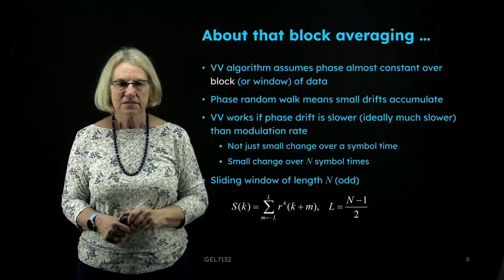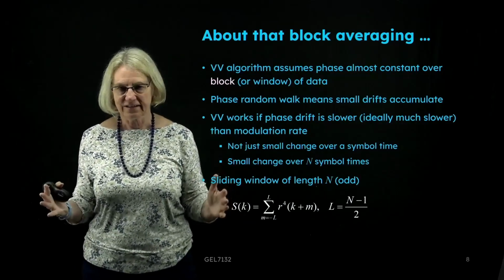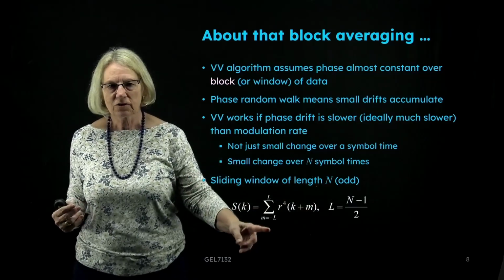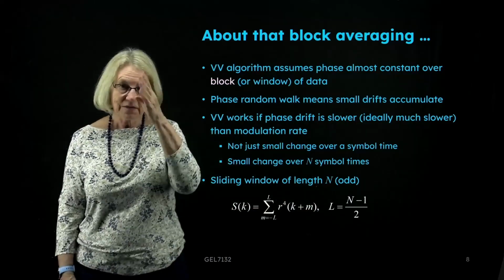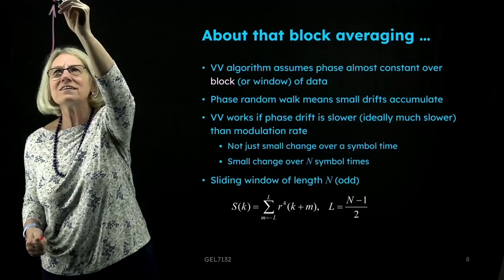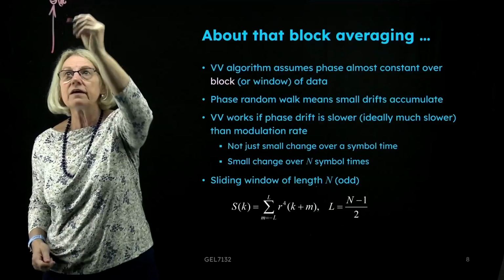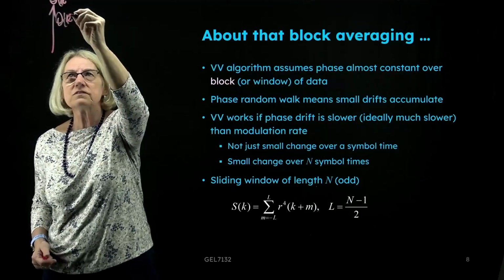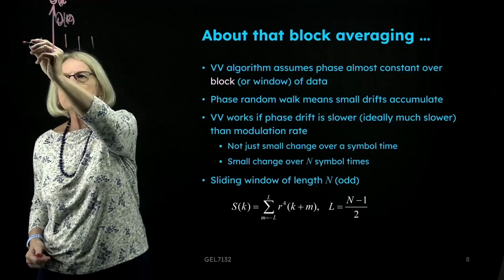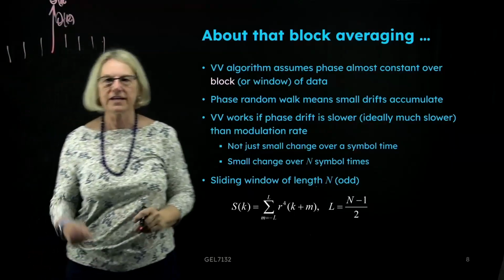So I have a sliding window of length N. N is the length of my block. It's an odd number. I'm looking at the middle. So here I'm trying to estimate the phase noise at a certain time k, and I'm going to look at the received signal raised to the 4th power before it and after.